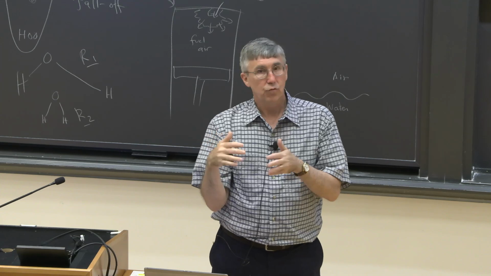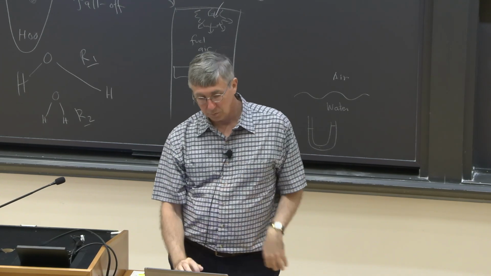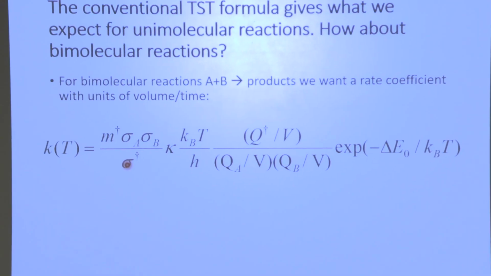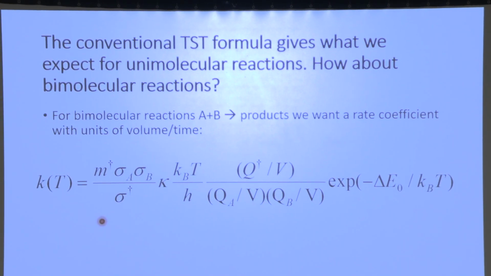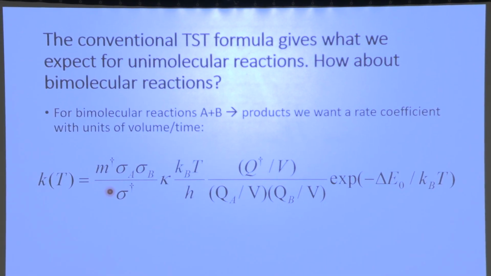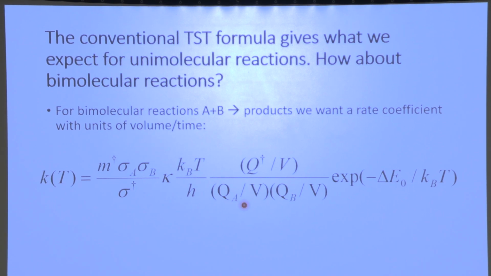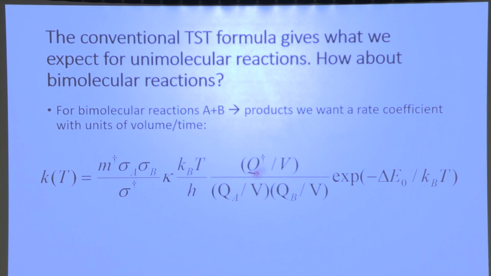And that means you would get twice as much rate, and so you get a factor of 2 here. This is a kind of complicated topic about how to do this correctly, and there are several papers about it. And then these Qs are just Qs, each for themselves, and this delta E0 is the difference between the 0-point energies of the transition state compared to the reactants.